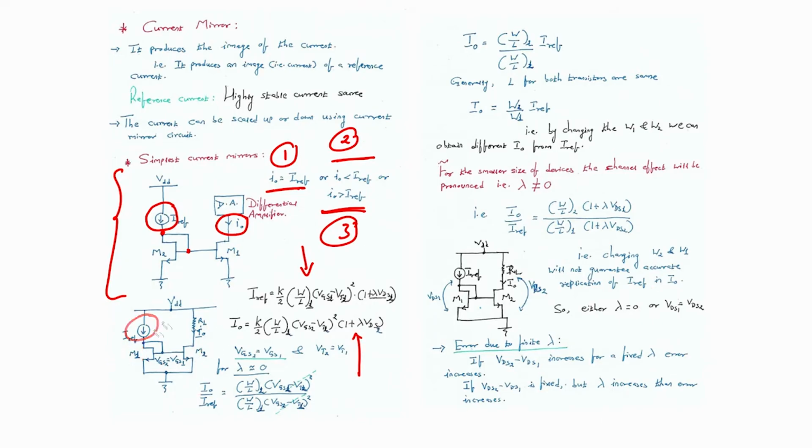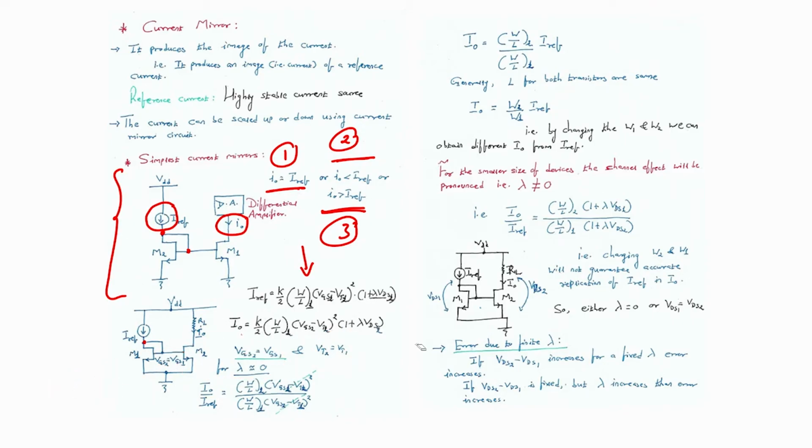In this particular case, the gates are shorted, which means VGS1 is equal to VGS2, and that means my threshold voltage VT2 should be equal to VT1. If VT2 equals VT1, then lambda would be equal to 0.